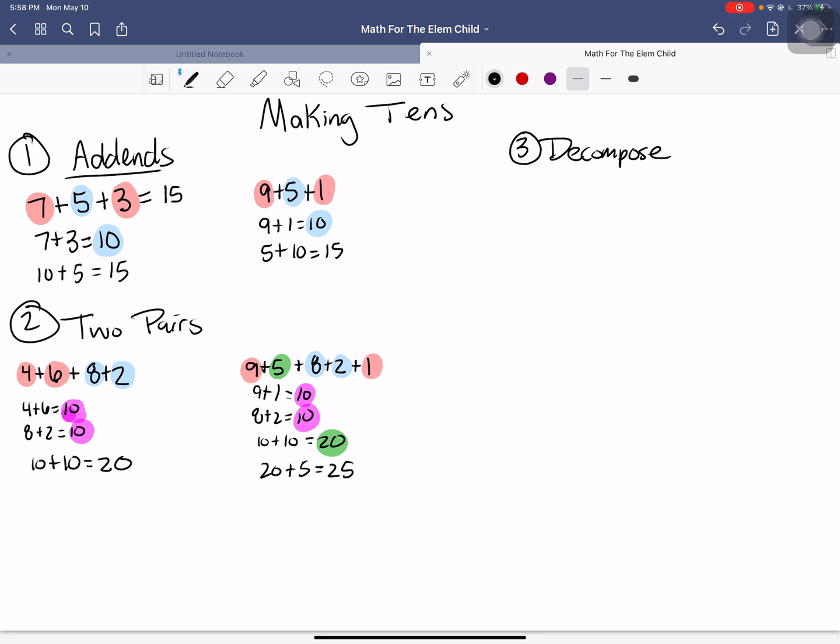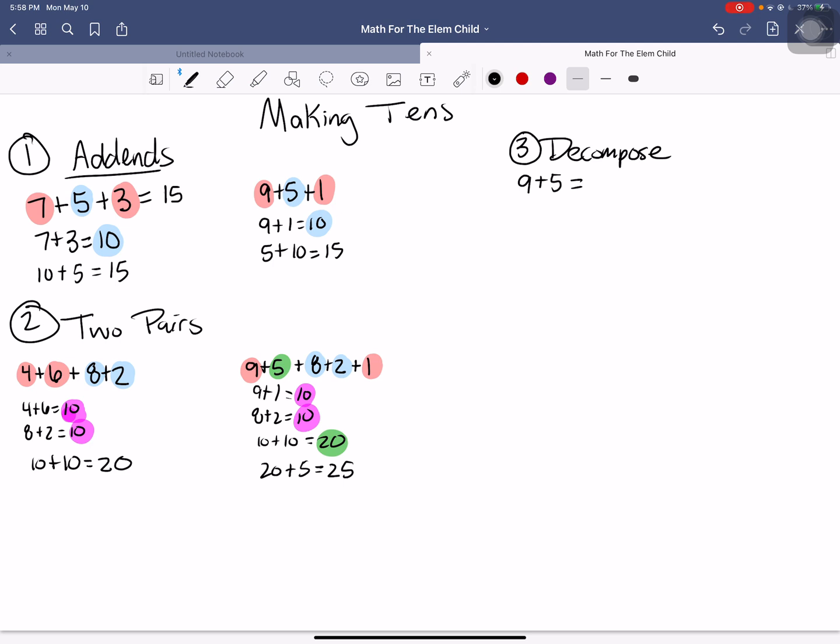For example, let's start with 9 plus 5. Sometimes we might want to start with a smaller number just so it'd be easier to break down. And there's so many different ways we could break down numbers as long as it equals that number that we're breaking down.